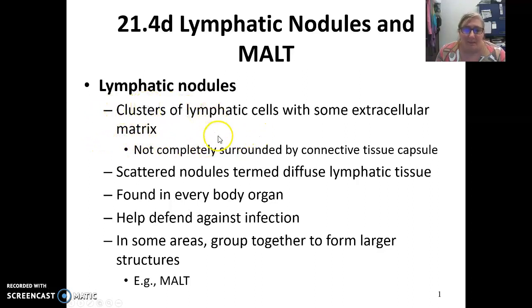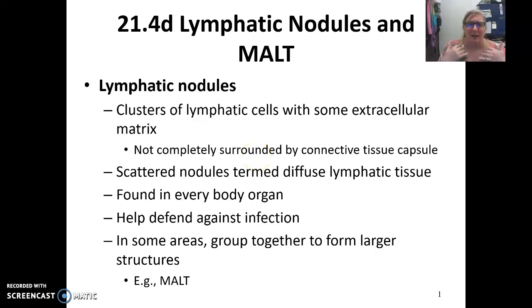I was just talking about lymphatic nodules in the last chapter. These are structures found throughout the body in areas where potentially dangerous pathogens can get into our system. The respiratory system and our digestive system are two major ways that pathogens try to get in.